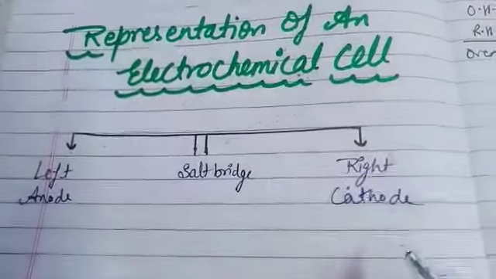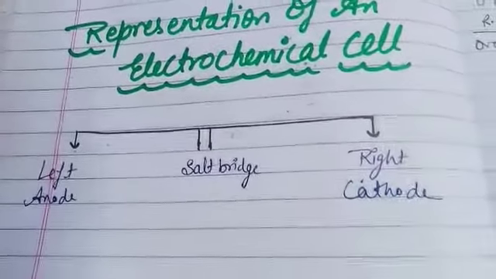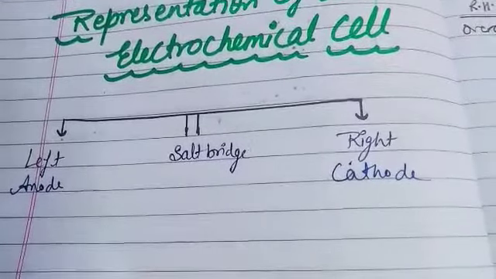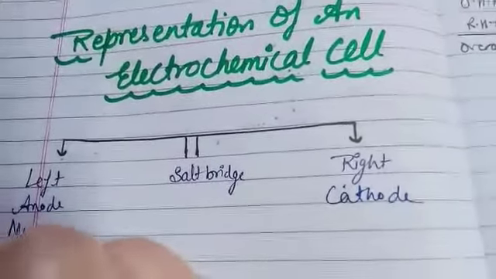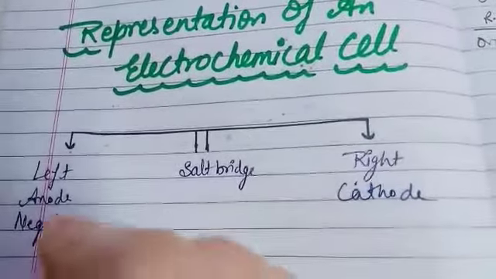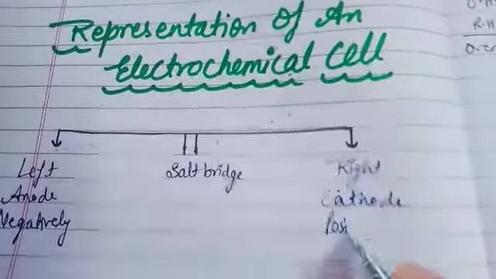Now regarding their charge, which one is positive and which is negative: N, negative, comes first, P later on. So the anode is negatively charged and the cathode is positively charged.